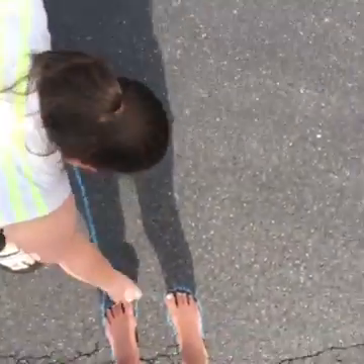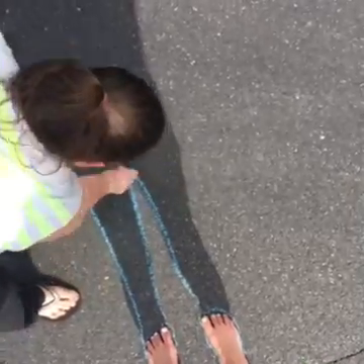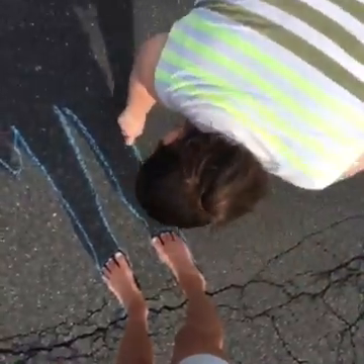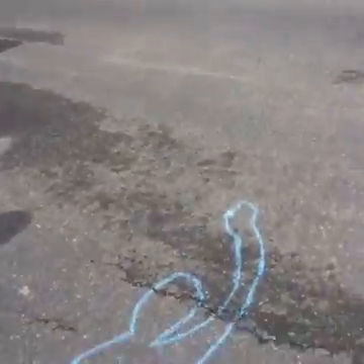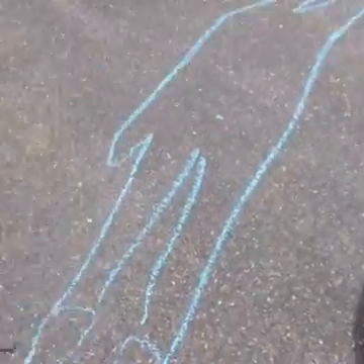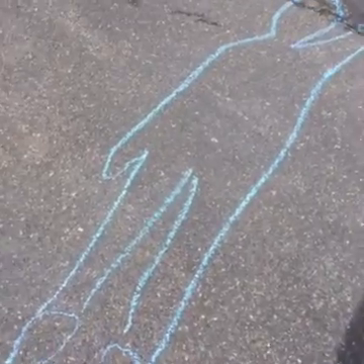And then the next thing I'm going to do is draw her shadow. There we go. Now we have Bella's shadow cast. We're going to come back in 15 minutes and we're going to see how far this shadow moves.